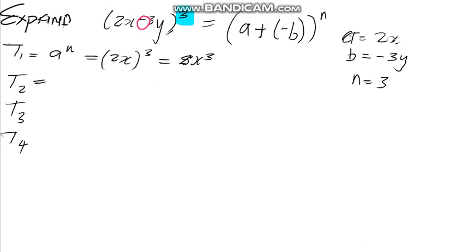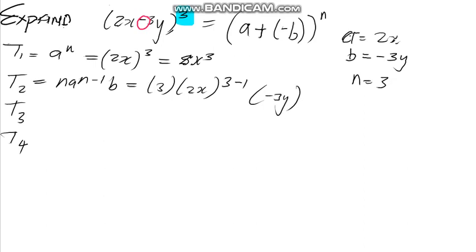Then t2 is equal to n a to the power n minus 1 b. This will be equal to n, which is 3, and then my a, which is 2x, to the power of 3 minus 1, then b is equal to minus 3y. When you remove the brackets, you multiply all the coefficients, all the numbers.